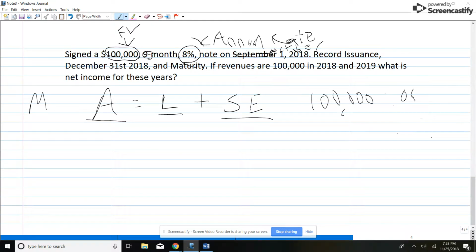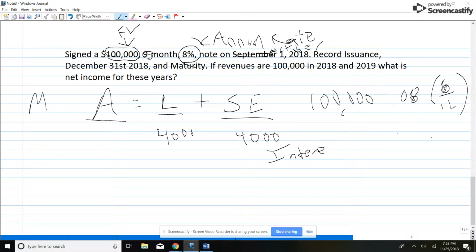So this is going to be 6 divided by 12. Let's do that quickly. Actually, this should be 4,000. So we're just creating a 4,000 here, and again this is going to be interest payable and interest expense.